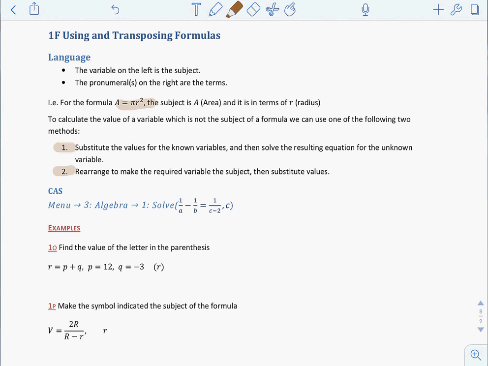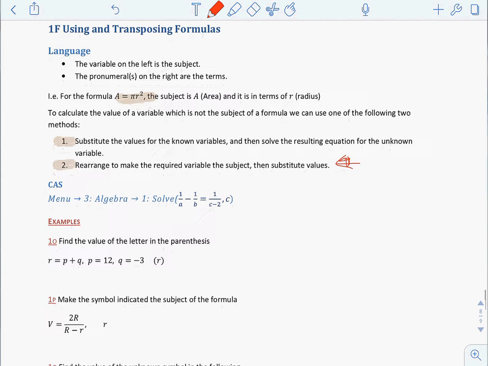This is often the better case if you've got to do more than one substitution. So for instance, if you're comparing the width of something at a different height, I would rearrange to get width as the subject in terms of height, so that I could substitute in a number of different heights and not have to rearrange every single time.